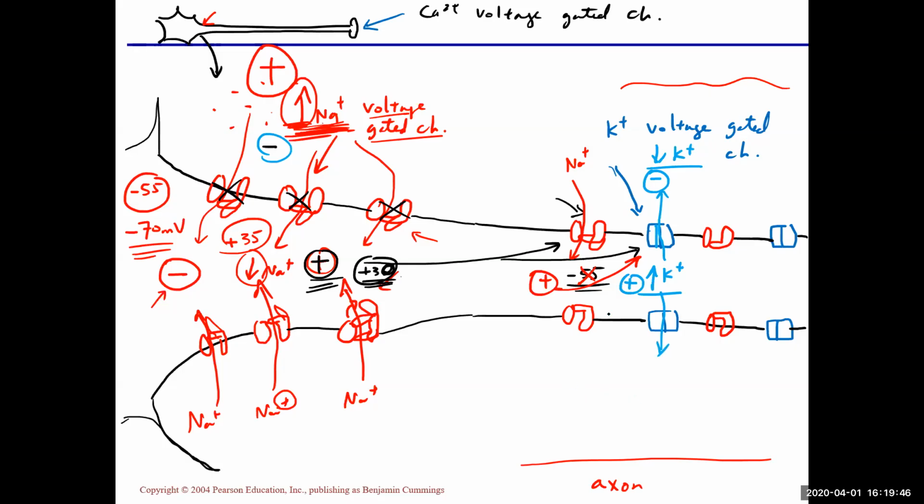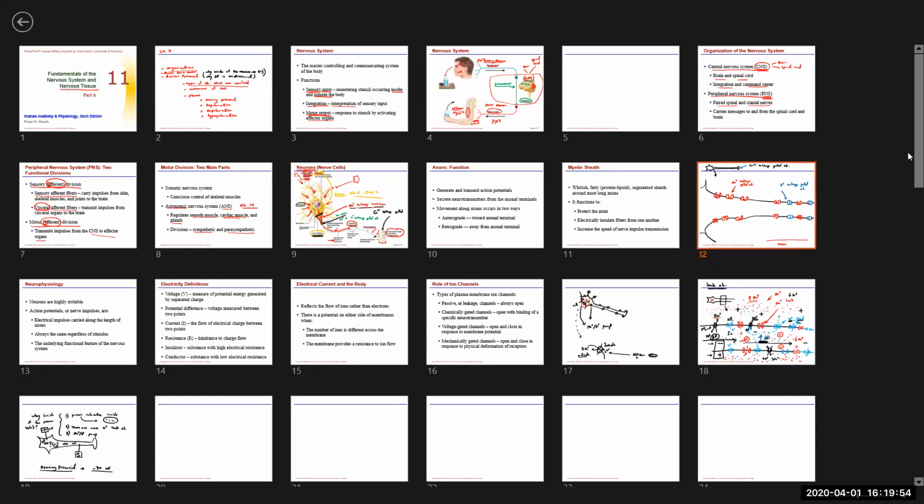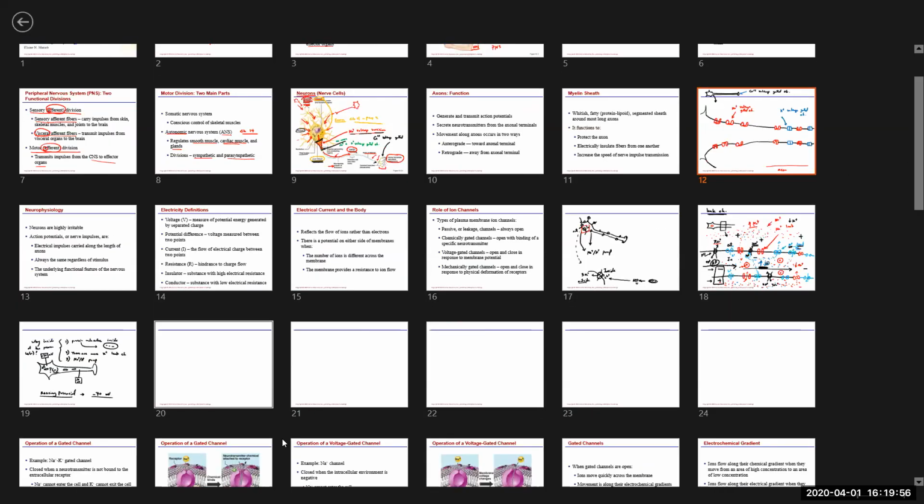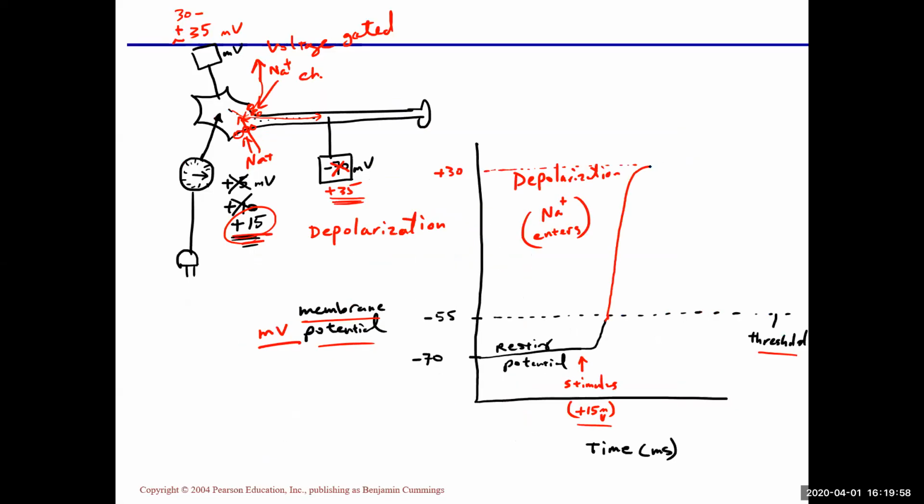Now, let's illustrate this part on our graphical presentation that we had earlier. At this point in time, potassium is leaving. This is called repolarization. Repolarization is when the potassium leaves.